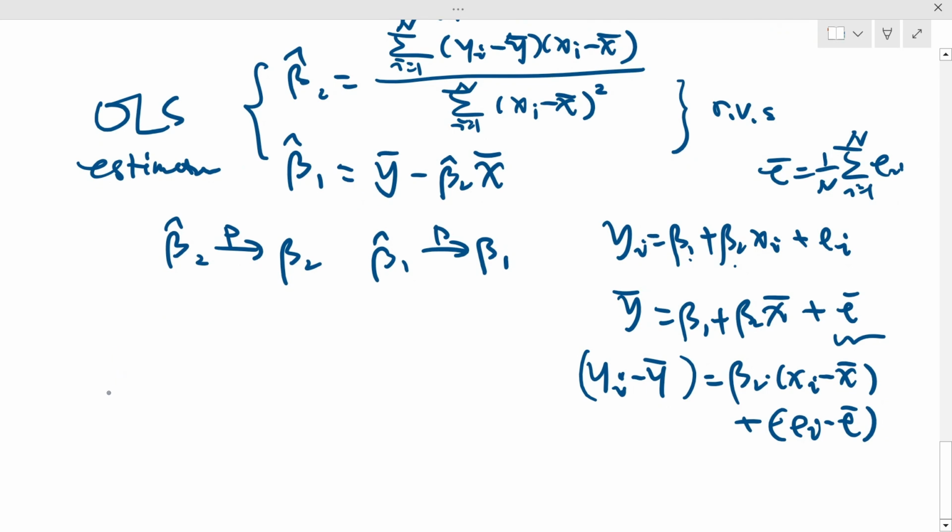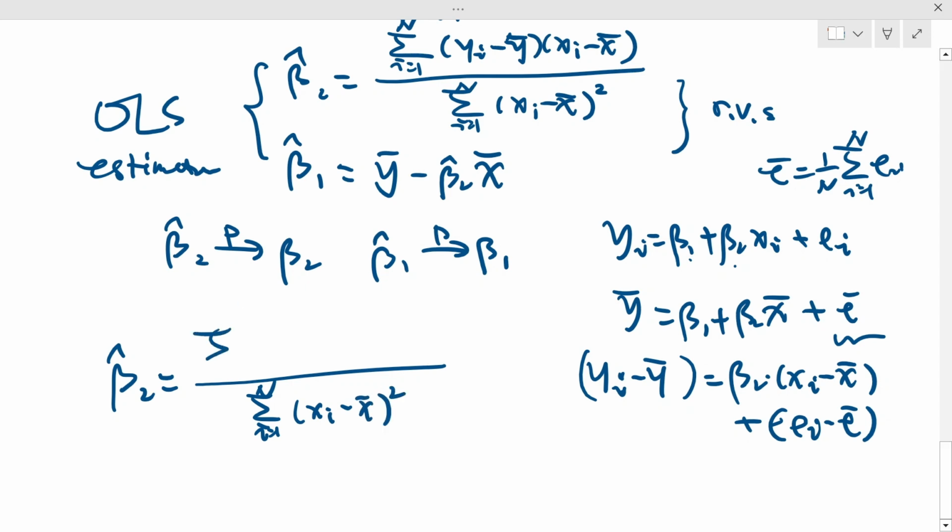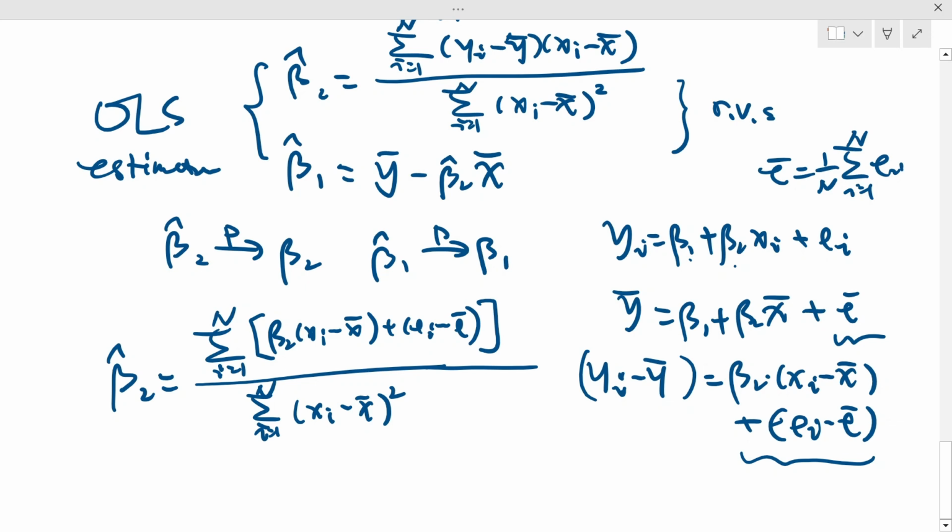Okay, then we can rewrite beta hat 2 as this. yi minus y bar is equal to this: beta 2 times xi minus x bar plus ei minus e bar, times xi minus x bar.